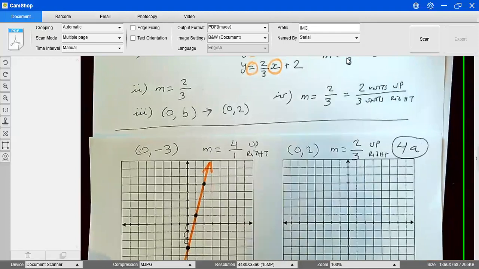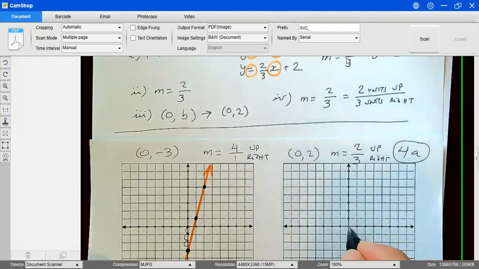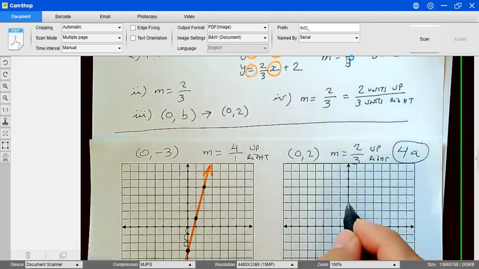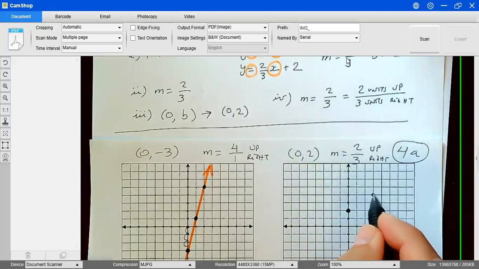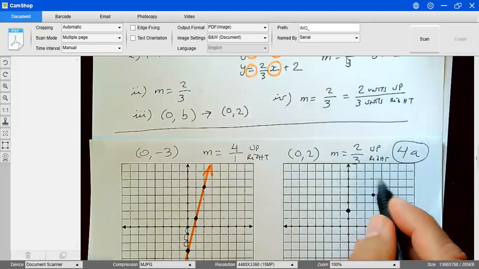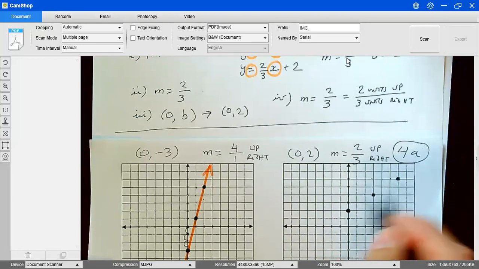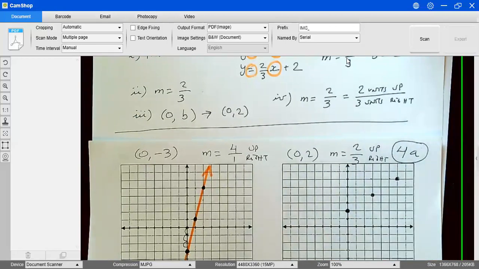So we're going to start at 0, 2, 0, 1, 2. So now my starting point is here. And I'm going to go 2 up and 3 right. 1, 2, 3. 2 up and 3 right. 1, 2, 3. And you should get the points aligned.